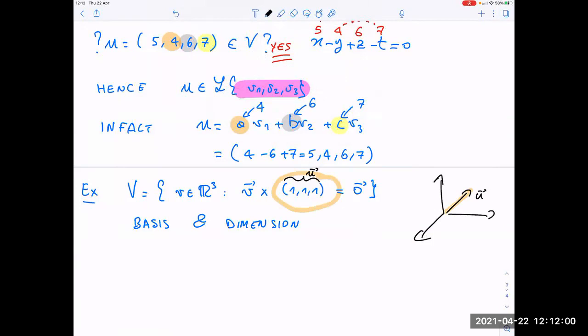Can you draw V in R3? What would you expect to see? So while you think about how to draw V, I go on and see in the chat.